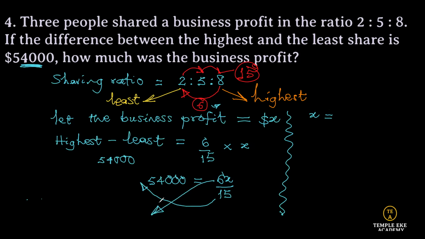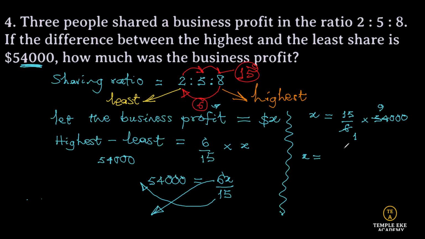That means we have 15 divided by 6, now multiplied by 54,000. Now we can solve this. 6 can divide into 54 9 times. So x is going to be 15 multiplied by 9.